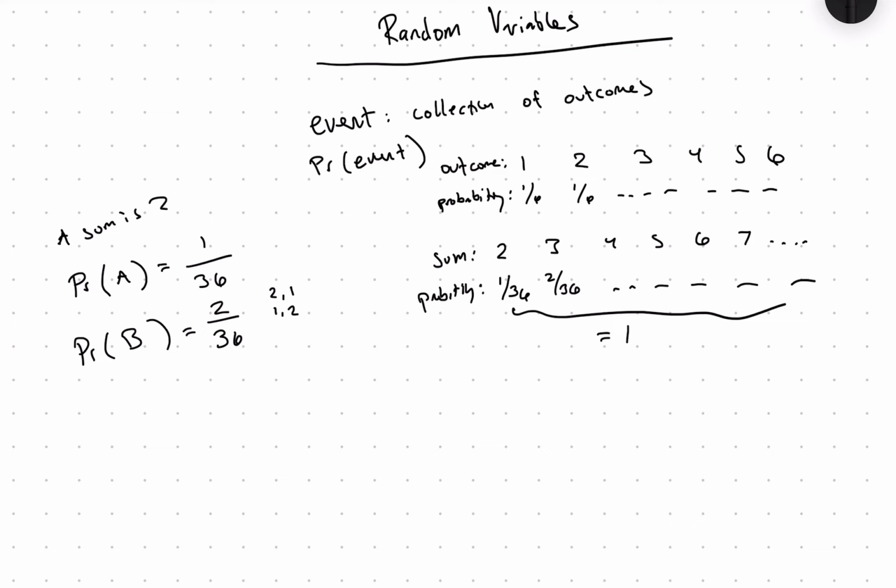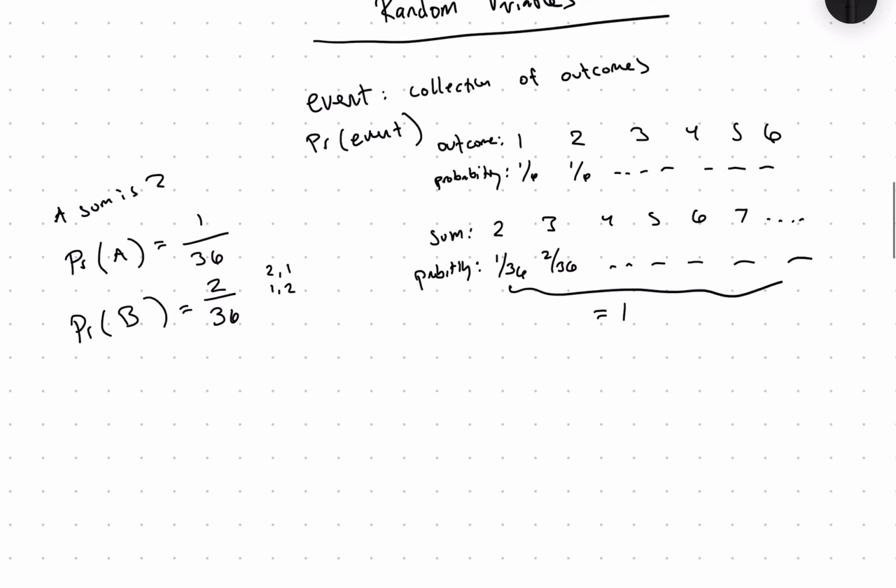The way to do that is what's called a random variable. You do it with a big capital letter. It's the same way you define an event with regular language: you define a random variable with regular English language. Like, X equals the sum of two dice rolls.